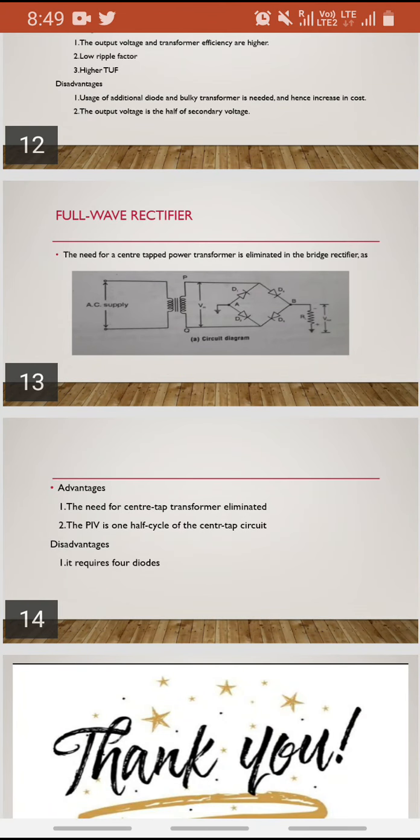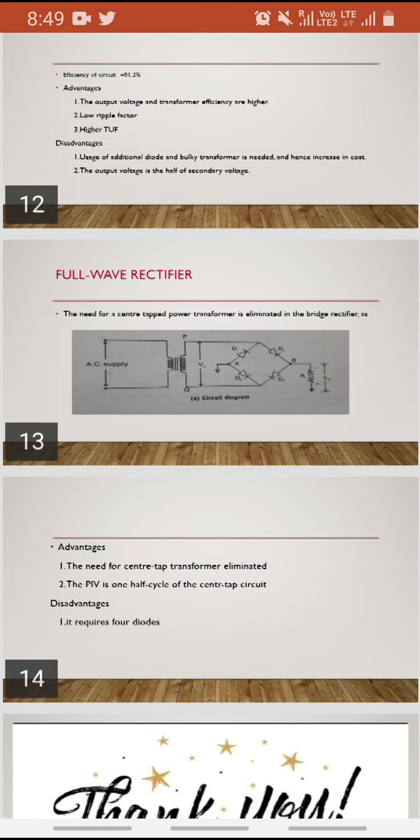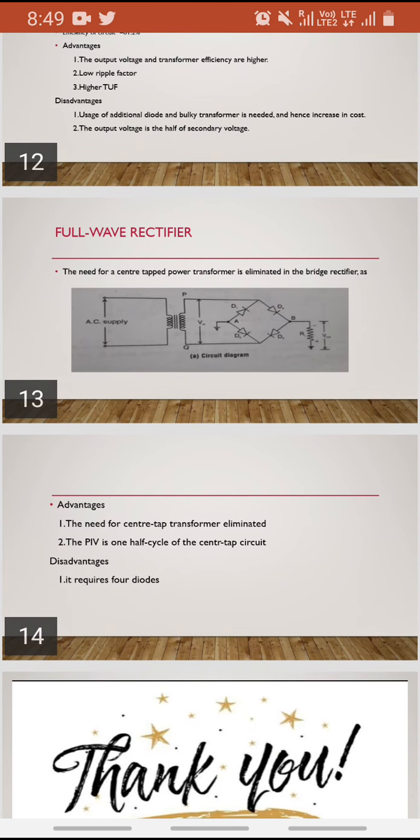In the full wave bridge rectifier there are 4 diodes connected, D1, D2, D3 and D4, forming a bridge. Here also there are positive and negative half cycles. During the positive cycle, end P of the secondary winding becomes positive and Q becomes negative.